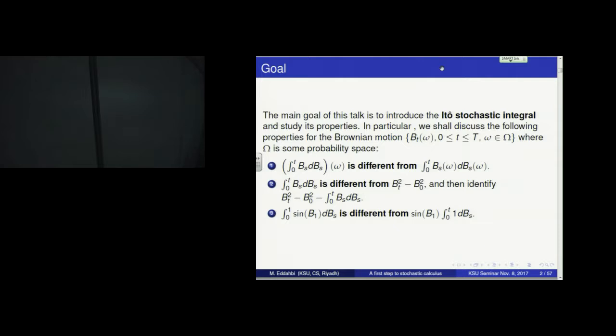Why is this not defined? Because you have here B_1, the B evaluated at time 1, at the future, at the right end point. So this means that this integration we are going to define cannot be defined for the future.